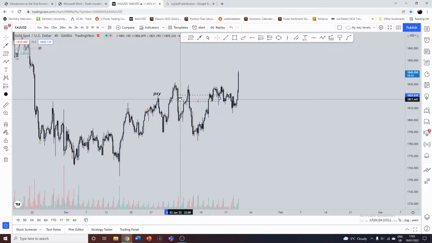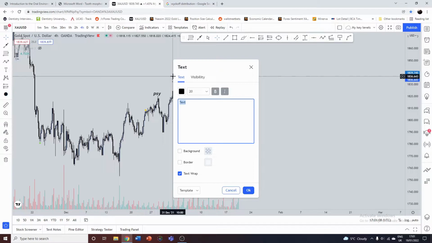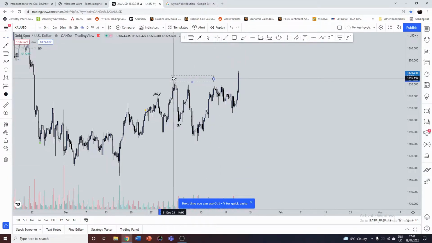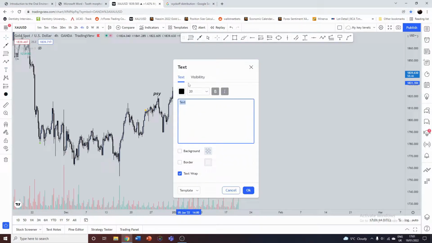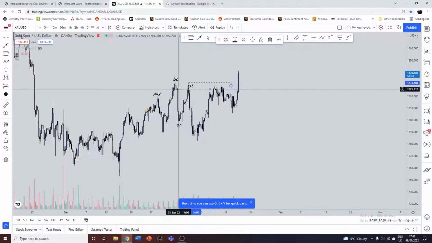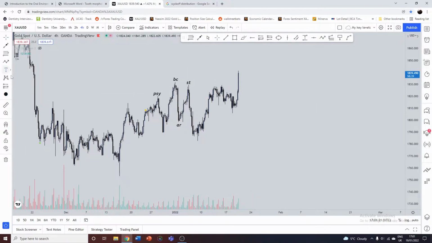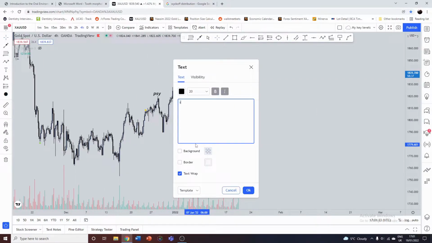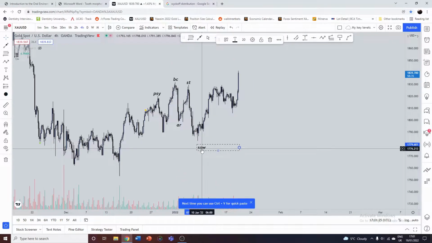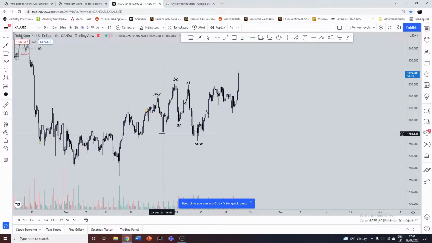No, this would be the preliminary supply. Automatic rally after the BC, the buying climax. This would be the secondary test of this area here. Sign of weakness. This broke this automatic rally here, the PSY.